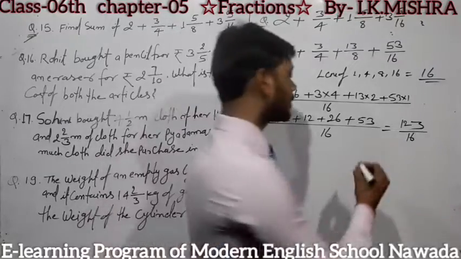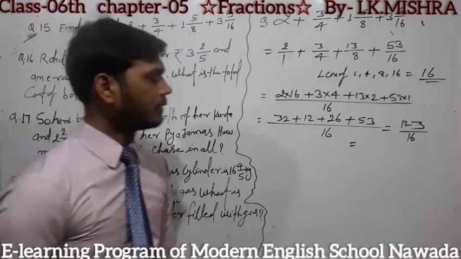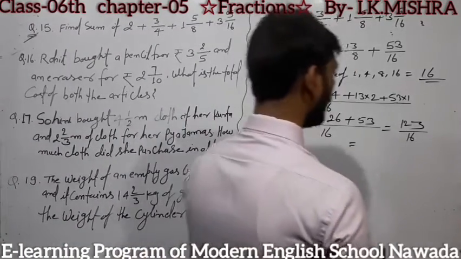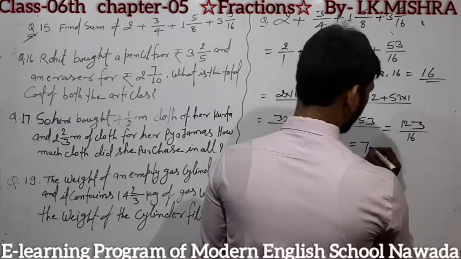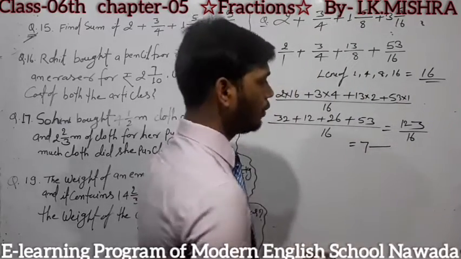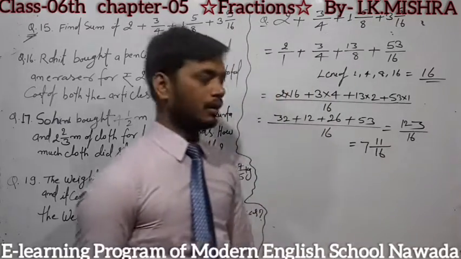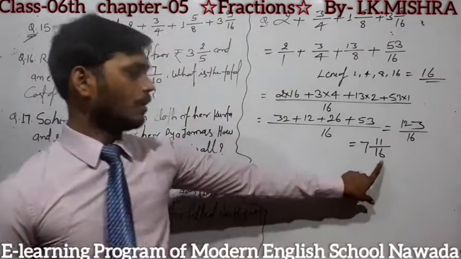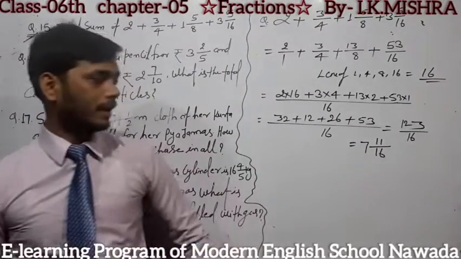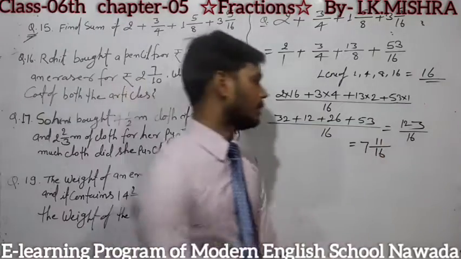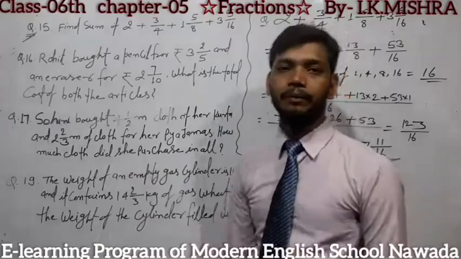When you divide it, 16 7s are 112, and when you add 11, it will be the answer. So it's your answer to question number 15.